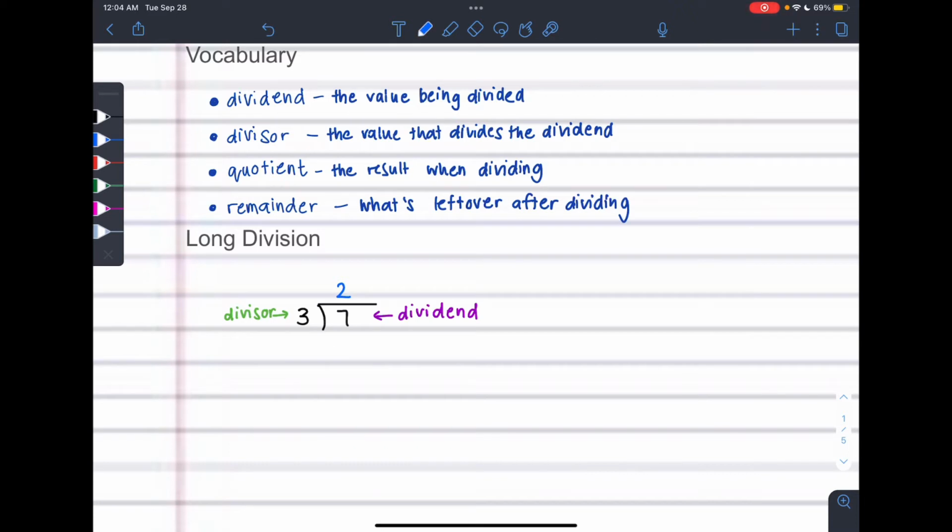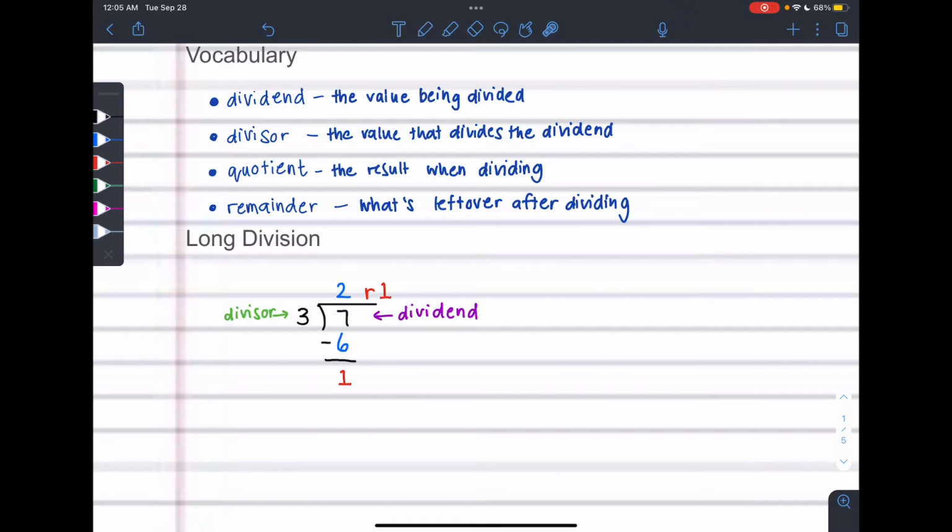So 2 times 3 is 6, which goes here. After that, we subtract. And 7 minus 6 gives us 1.